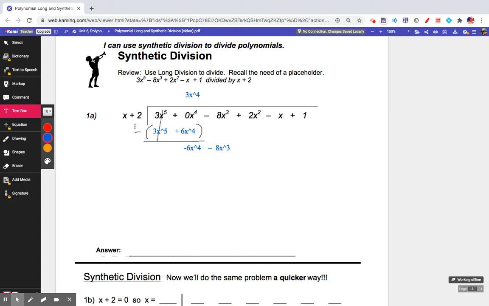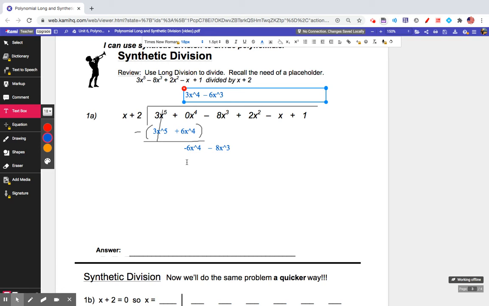Now, just like before, we're only looking at the x term. x times what is negative 6x to the 4th? x times negative 6x to the 3rd. And then I multiply those two together, and I get negative 6x to the 4th. In this, it's minus 12x cubed.